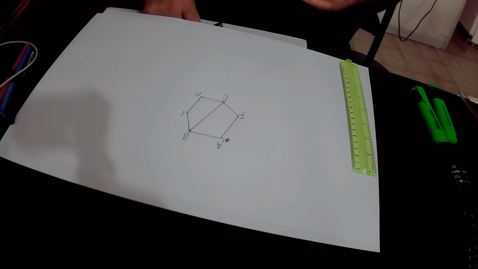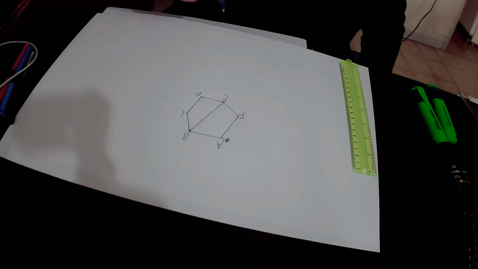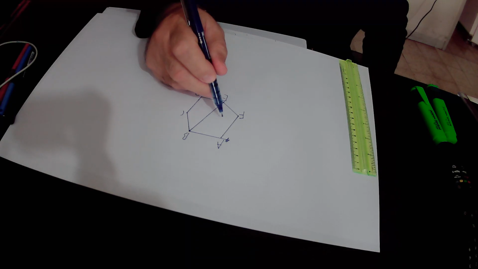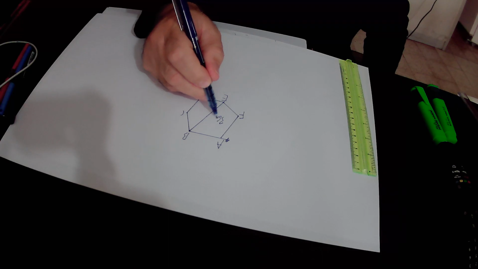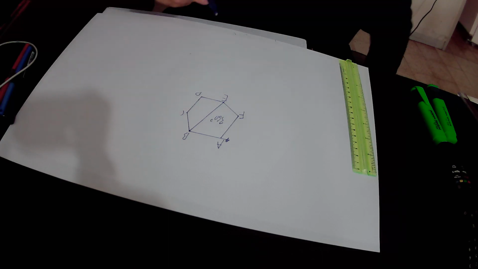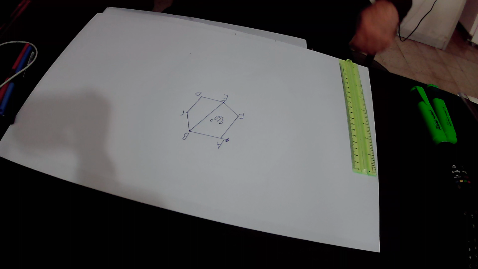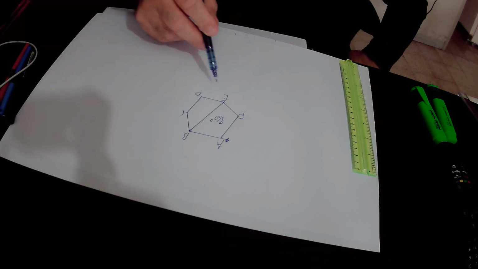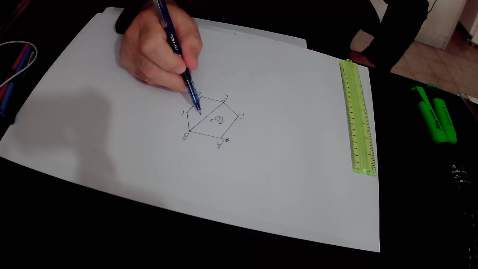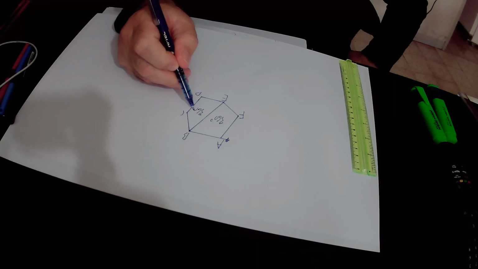And we know that the sum of the angles in any quadrilateral is equal to 360 degrees. So the sum of the angles in quadrilateral ABEF is equal to 360 degrees, and the sum of the angles in quadrilateral BCDE is also equal to 360 degrees.